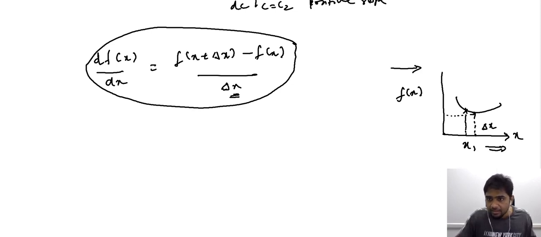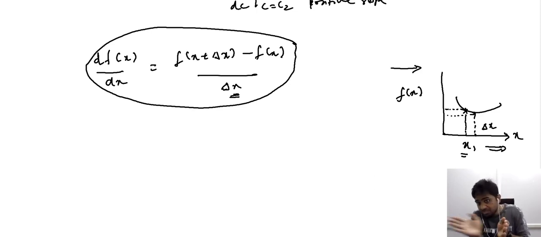And using this expression, we were able to calculate the derivative at this position x1. So we are considering a given x value and a subsequent value that is along the right hand side of your axis, that is progressively increasing.